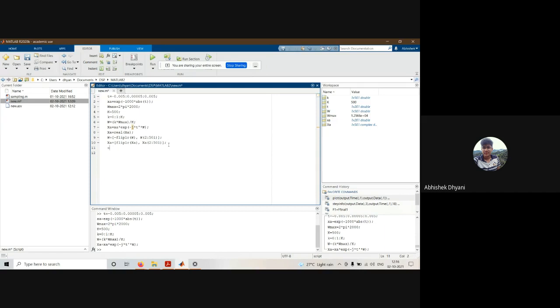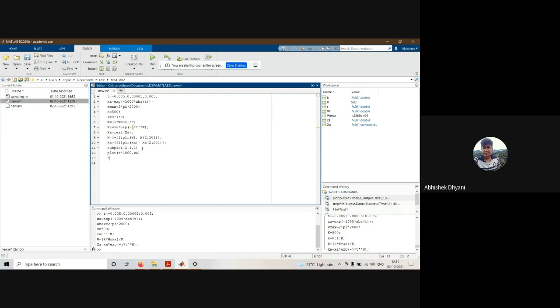Let me use subplot to obtain the plots, both the time domain and frequency domain plots, in the same figure. I use subplot 2 cross 1, which means that it will give me a 2 cross 1 plot in which I am selecting the first one, and in this I can plot the time domain signal, which was t and xa, which we already did before. In fact, because time is in milliseconds, I can scale this x-axis.